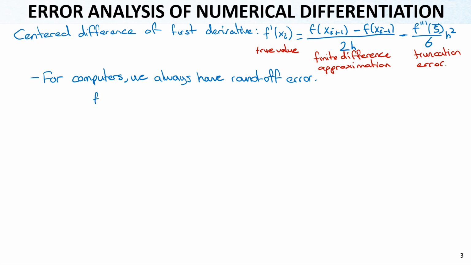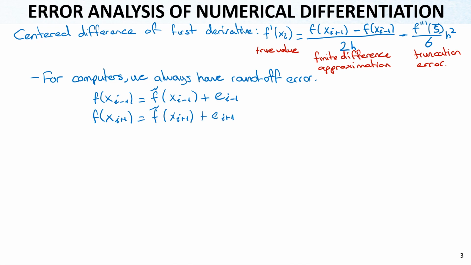Meaning, for the function f(x_{i-1}), we will have a prediction with truncation error, and also we will have a round-off error. Let's show it by e_{i-1}. And for x_{i+1}, f(x_{i+1}) is equivalent to f̃(x_{i+1}) plus e_{i+1}. And these are called round-off errors.